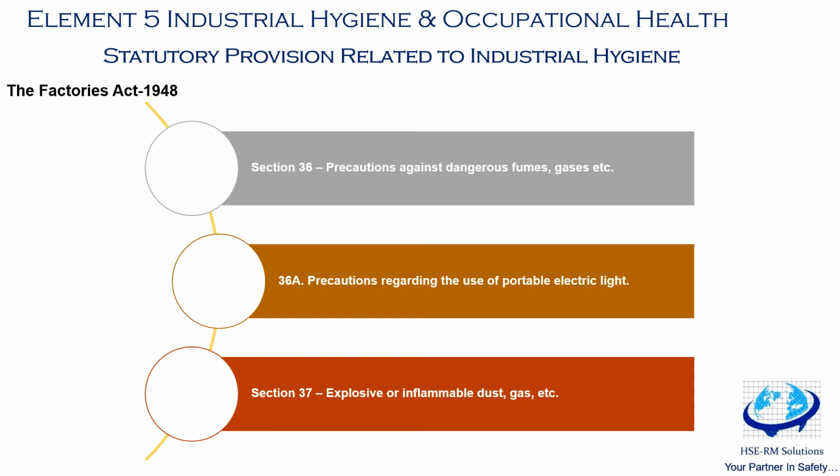So here the word that comes in the standard is egress. That means access should be there. There should be provision that if a person enters, he can at least come out.